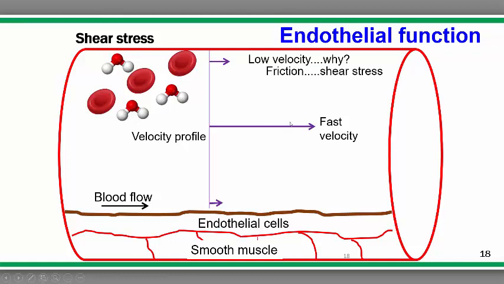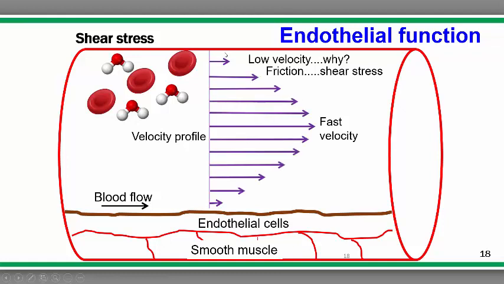And the reason for this is something that was mentioned just a few minutes ago, shear stress or friction. So friction is another term for shear stress, and that means that the portion of blood, the portion of that fluid that is making contact with the endothelium, which is the inner layer of the artery, that very high friction that's located right here will cause blood to flow very, very slow.